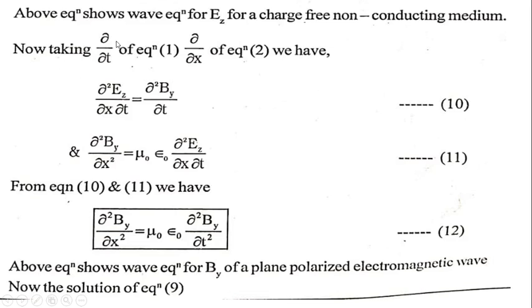Now taking del by del t of equation 5 and del by del x of equation 6, we get del square Ez by del x del t equal to minus del square By by del t square, and del square By by del x square equal to minus mu 0 epsilon 0 del square Ez by del x del t. Now from equations 10 and 11 we get del square By by del x square equal to mu 0 epsilon 0 del square By by del t square.